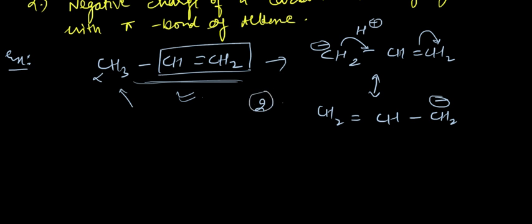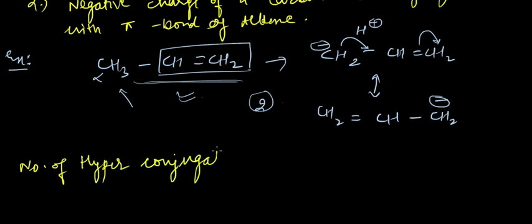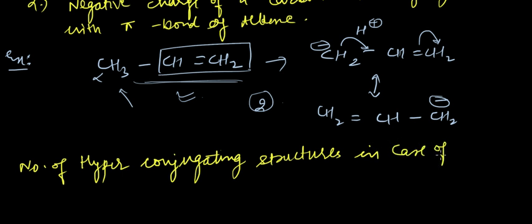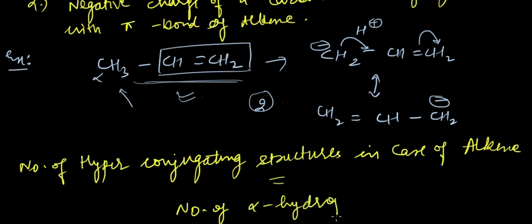So we can set it as a rule of thumb that the number of hyperconjugating structures in case of an alkene is the number of alpha hydrogens plus 1.